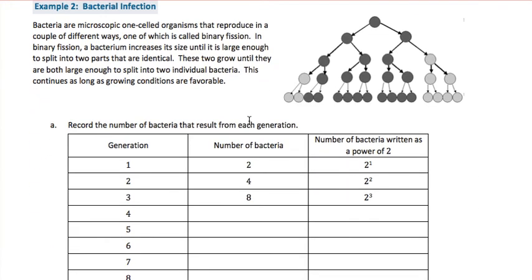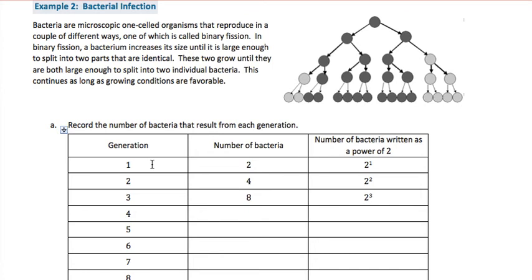So the bacterial infection is the same way. We would start with 1 bacteria. On the 0 level, it would not have split yet. So it would be 2 to the 0 power, which is 1 bacteria.